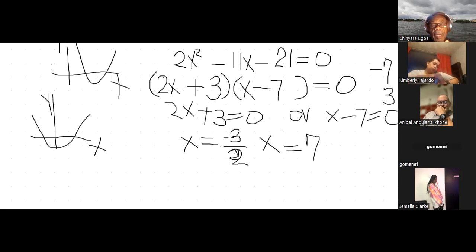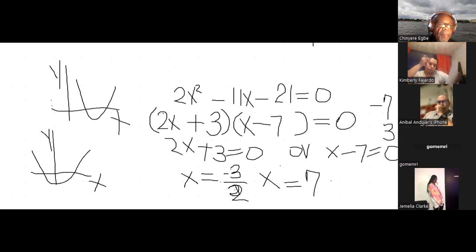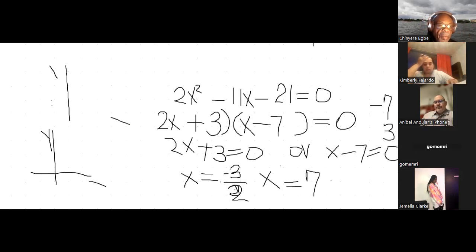So let us now solve the equation the other way, and you can easily use this method to solve practically all quadratic equations. Also, some people just don't want to go through factorization. They simply apply the formula.